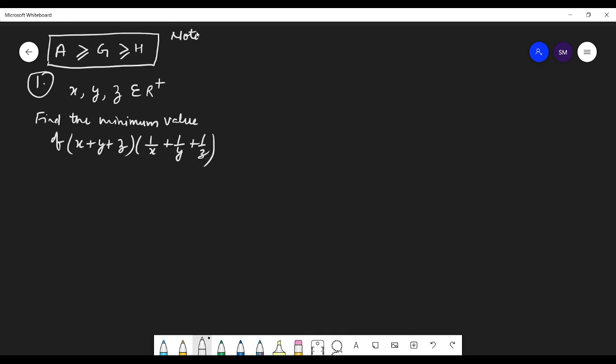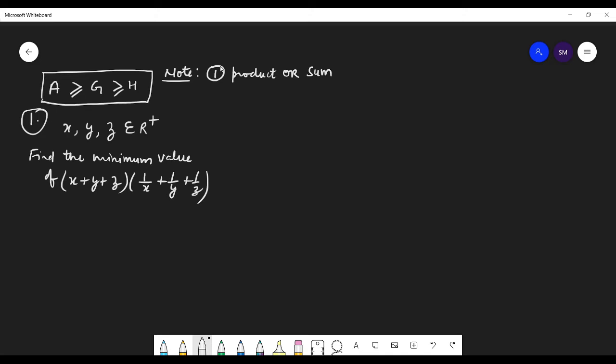Students, you have to note three things in these questions. First thing is, you will find the product or sum of three numbers. This is what you do in AP, arithmetic mean, geometric mean and harmonic mean. Arithmetic mean, suppose you have two numbers, you write (a plus b) by 2. In geometric you write under the root ab, and in harmonic you write 2 upon 1 upon a plus 1 upon b.